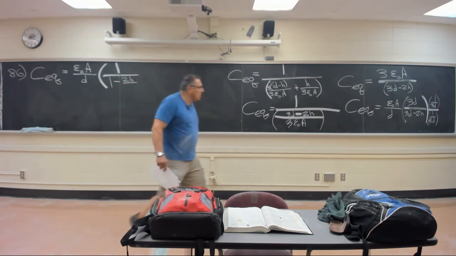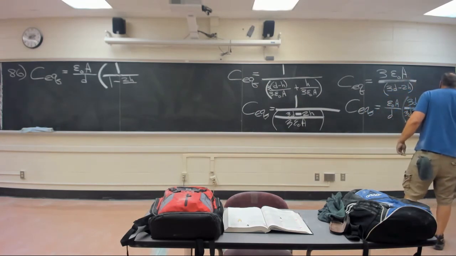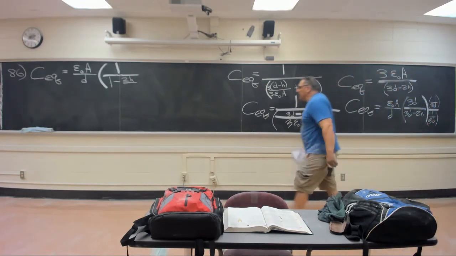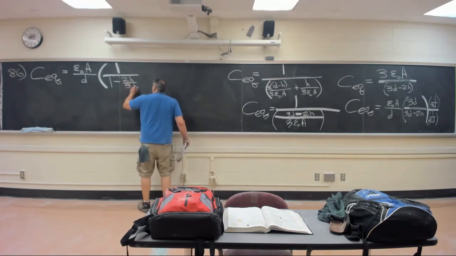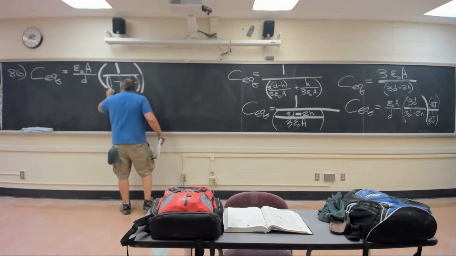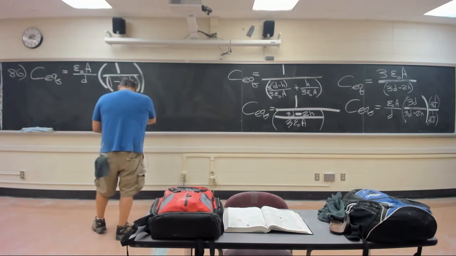What did we do here? 2h over 3d. D is a constant. A lot of ways to write it, guys. But you can plug in, there it is. That's the hardest part.